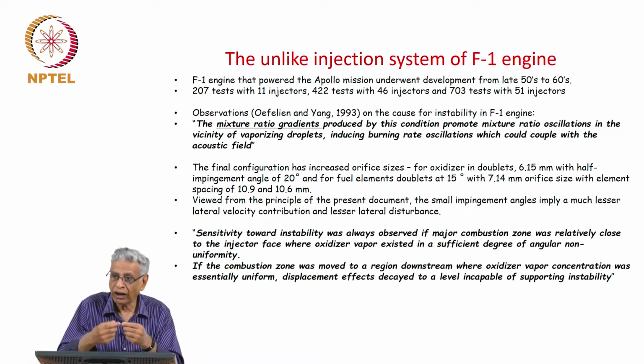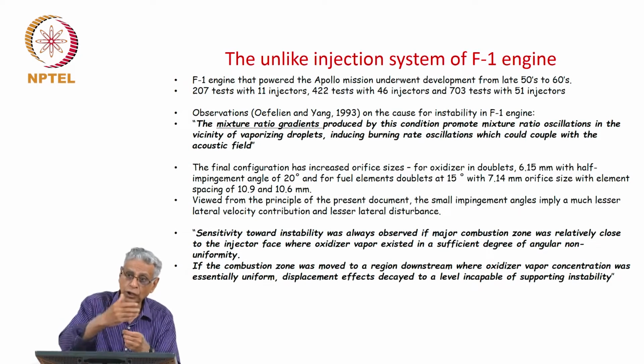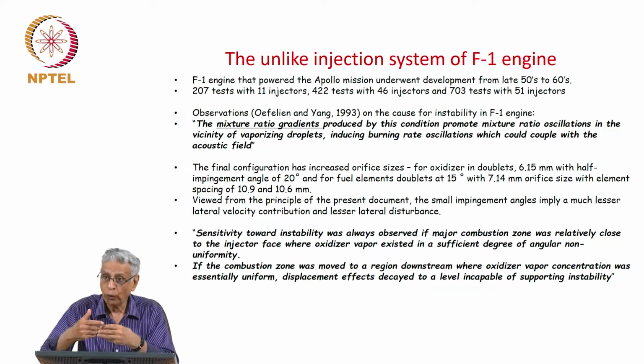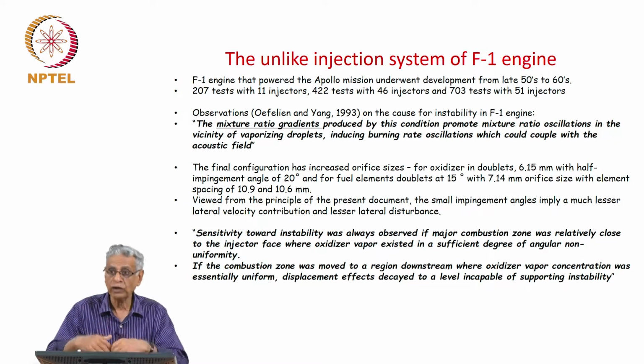So it will not have any tangential component. If there is a tangential velocity for the fluid, and if that gets acoustic coupling, then you have a better chance of creating a tangential mode of instability. But if you make sure that the mean flow in the azimuthal, lateral direction is very small, the chances of coupling between acoustic oscillations and the lateral flow field will be very small.